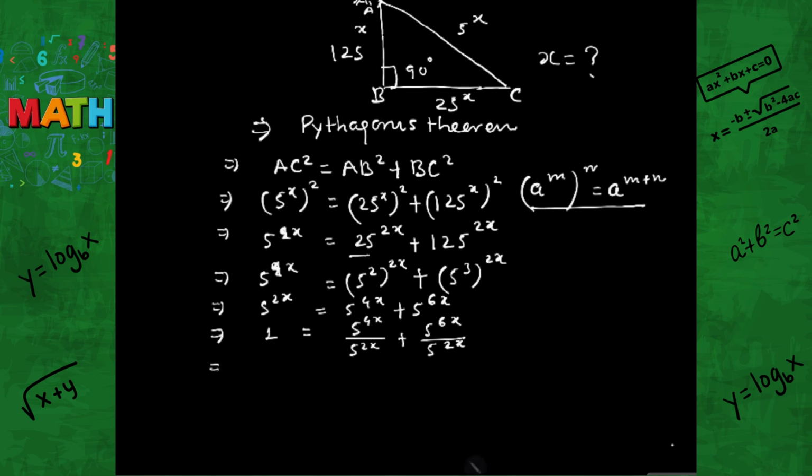Now let's simplify it further. 1 is equal to 5 to the power 2x plus 5 to the power 4x.